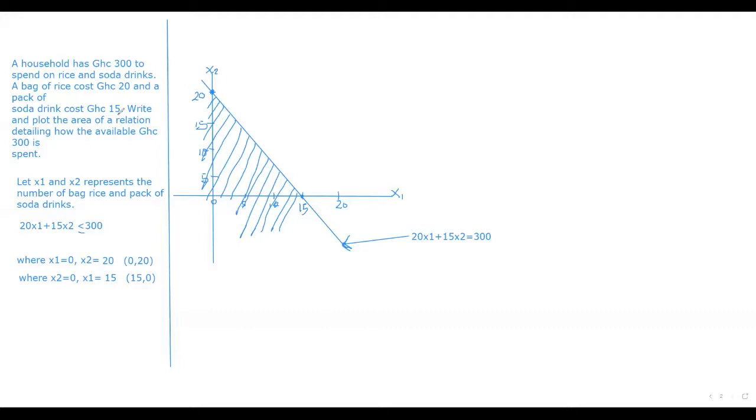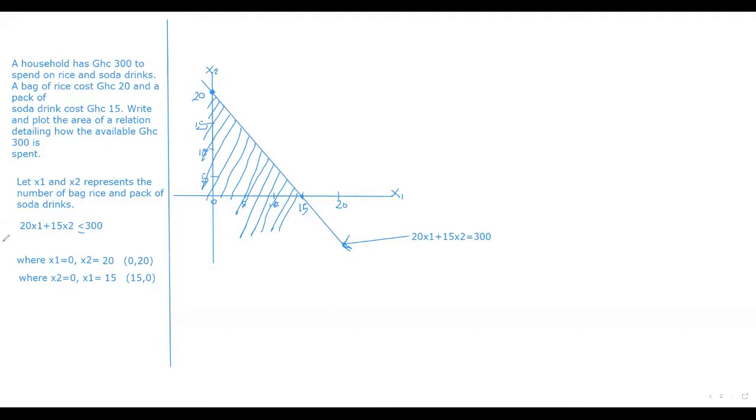You get it? So first of all, you let x1 and x2 represent the number of bags of rice and packs of soda drinks. We don't represent x1 and x2 by the rice and soda drinks, but by their numbers that we are yet to buy, that is unknown. If that one is clear, I think I can continue.